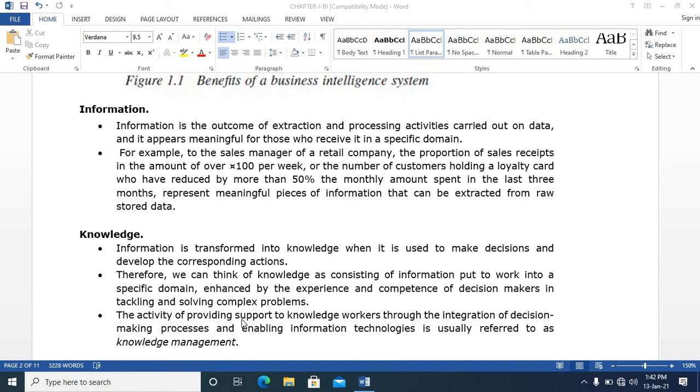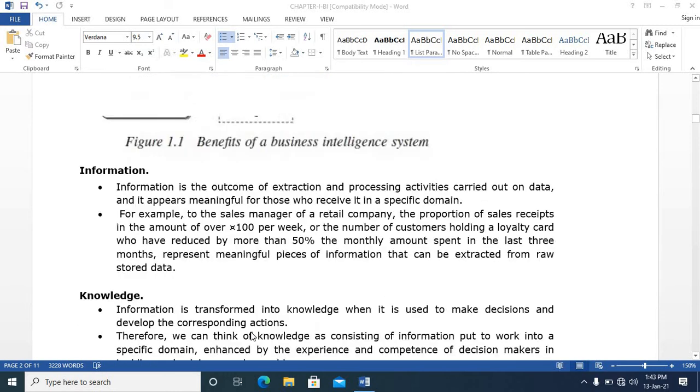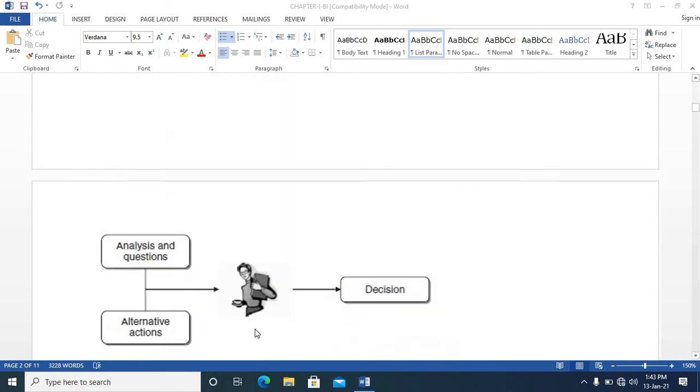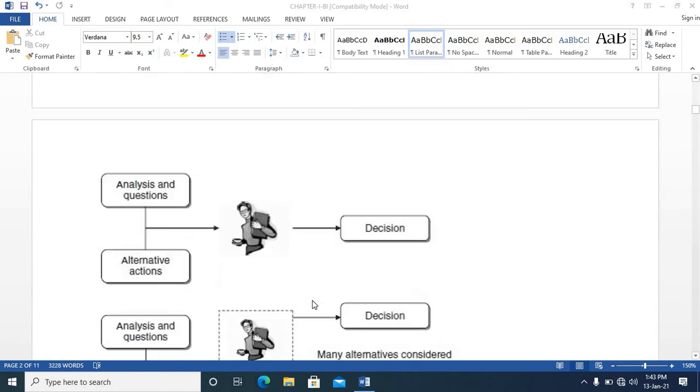The activity of providing support to knowledge workers through the integration of decision making processes and enabling information technologies is usually referred to as knowledge management. Okay, so these are data, information and knowledge for the decision making process.